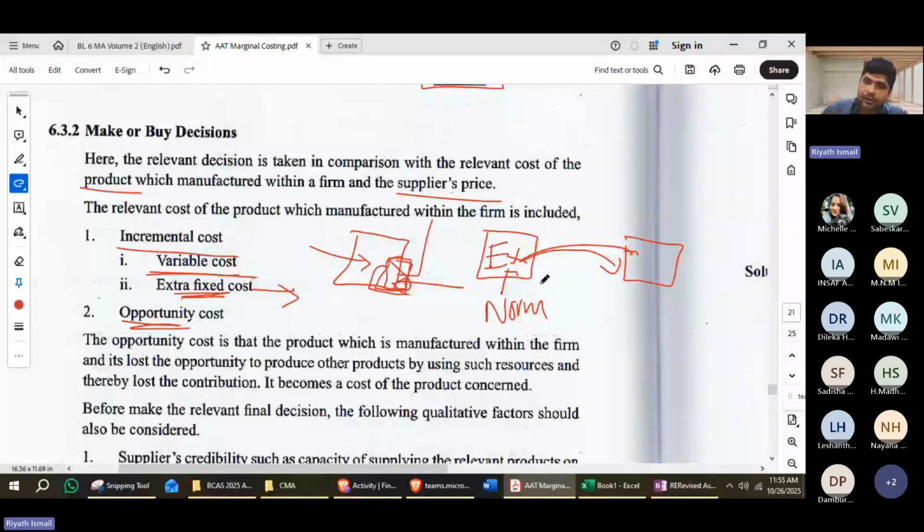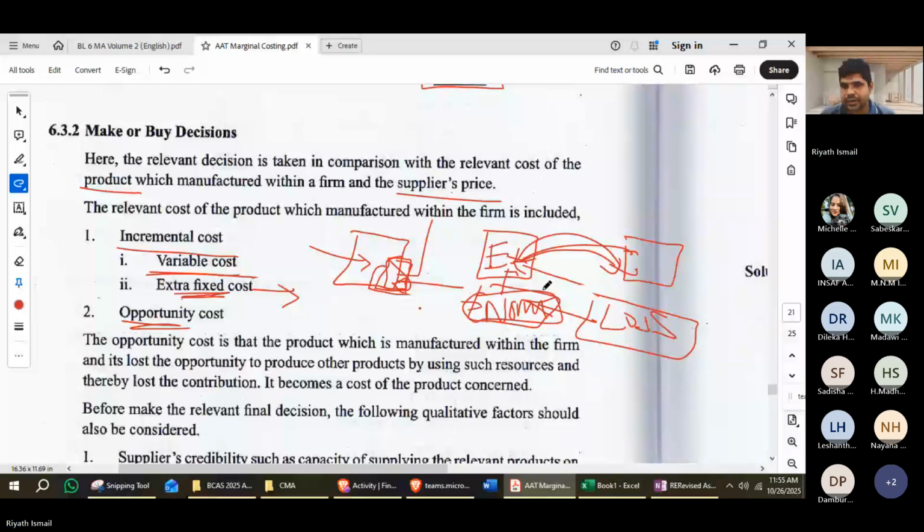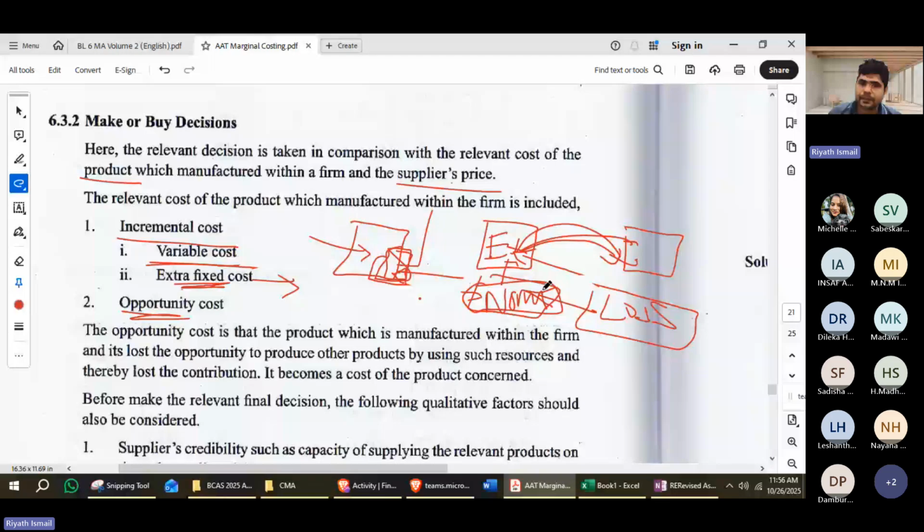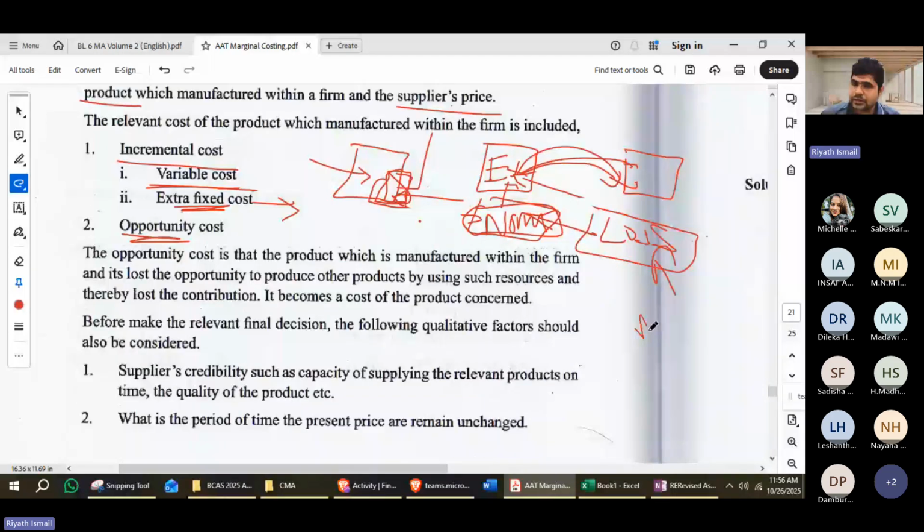So by stopping these, you may have some sort of loss. Loss means by using this machine for this product, you are unable to produce the existing product. That is the loss, right? That is called opportunity cost, the missing profit. It is opportunity cost.